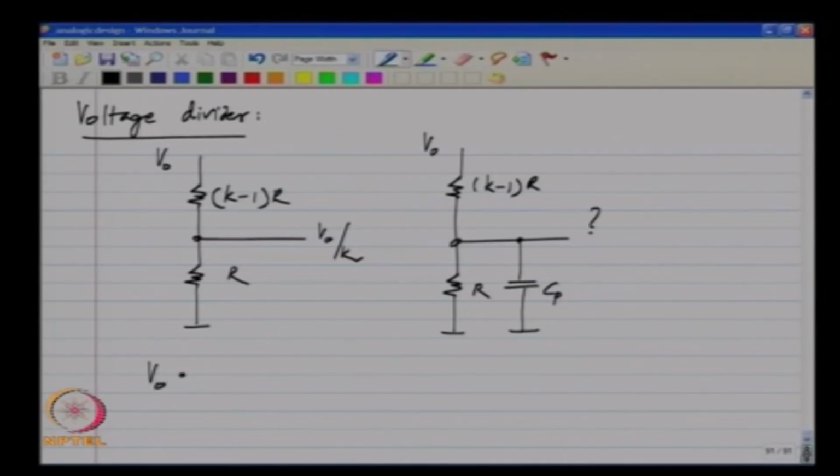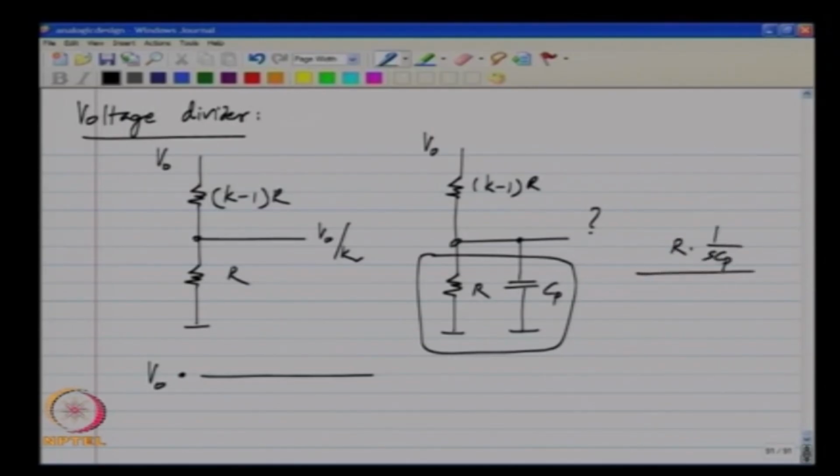The voltage that comes there is V naught times the impedance of this part of the circuit, and the impedance of this part is R times 1 by SCP by R plus 1 by SCP, that is a parallel combination of R and 1 by SCP, and this is equal to R by 1 plus SCP R.